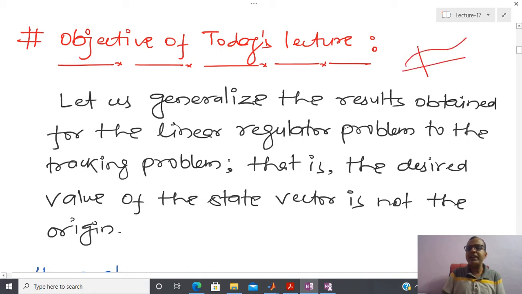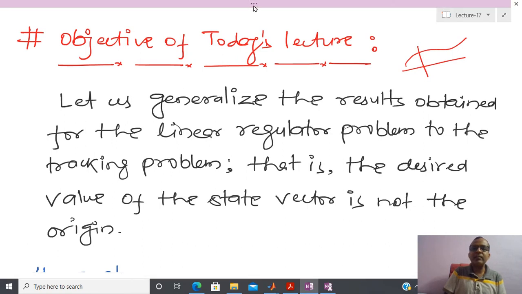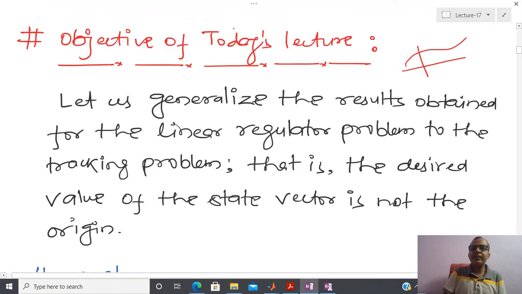So the reference system might be constant in some cases, and in other cases it might be time varying also. Based on our specification, suppose this is r(t), and if you have some kind of initial condition, then you have to track this.